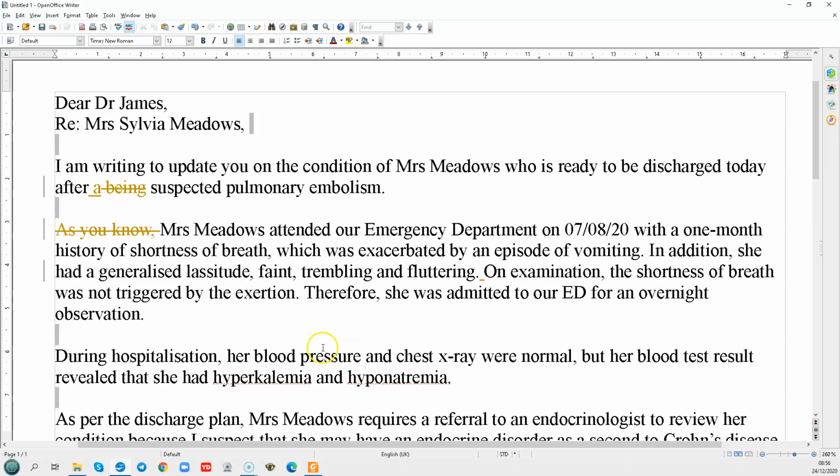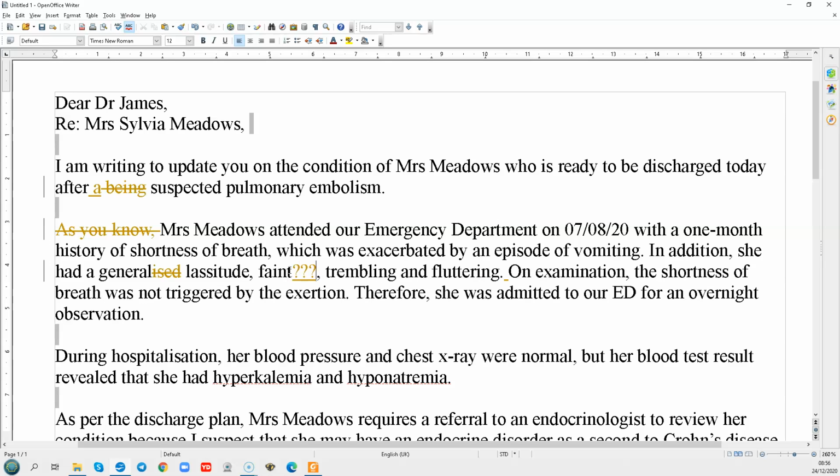Okay. "In addition, she had generalized." You mean she had a general lassitude? "Faint." How can you have a faint? What? So she fainted? She was feeling faint? This is not clear to the reader at all. You can faint as a verb, but can you actually have a faint?